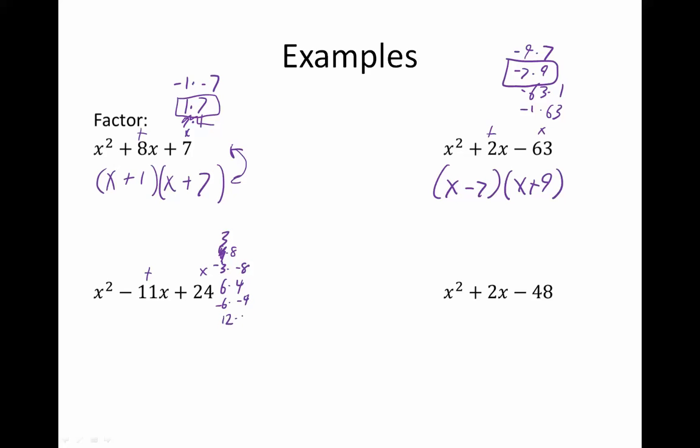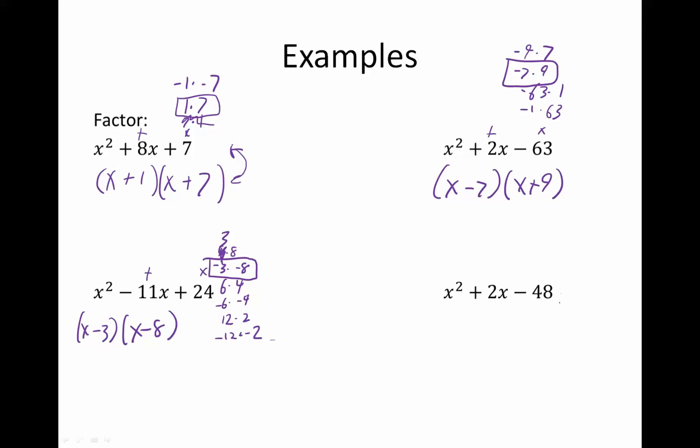We have 12 and 2 and negative 12 and negative 2. Notice that there's a lot of these ones. But which one of them adds to be negative 11? That would be the second one we wrote down. Negative 3 times negative 8 makes positive 24. Negative 3 plus negative 8 makes negative 11. So my factored form is (x minus 3)(x minus 8).